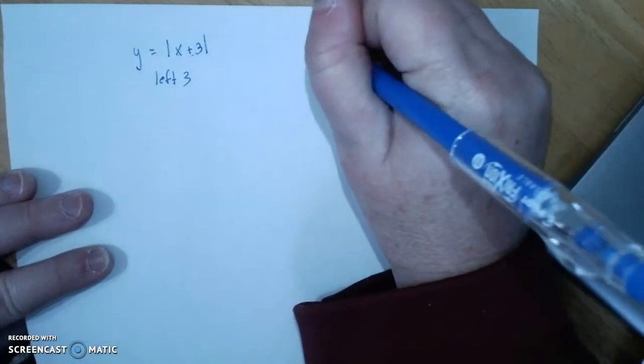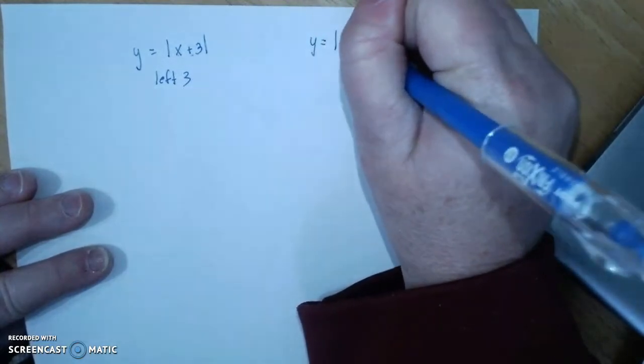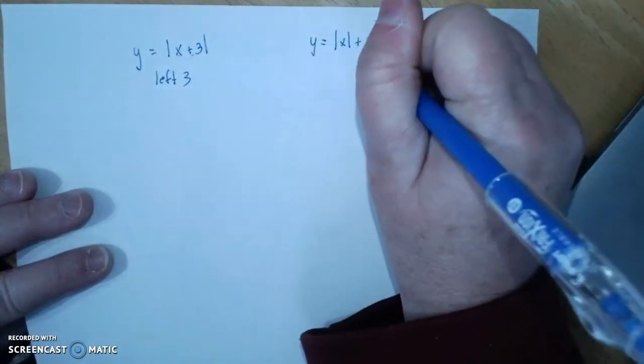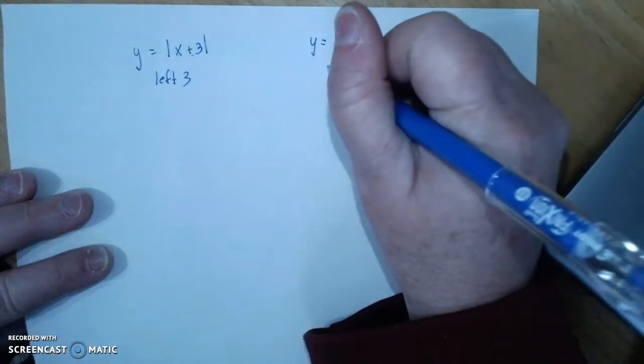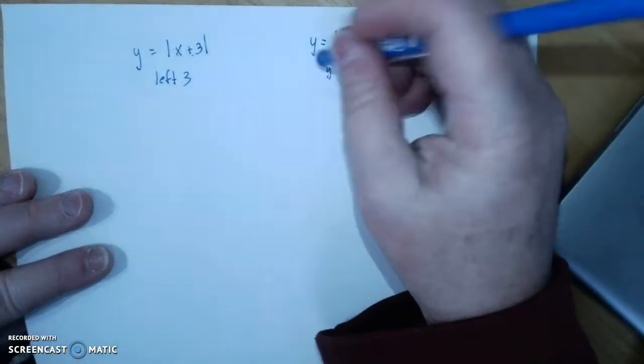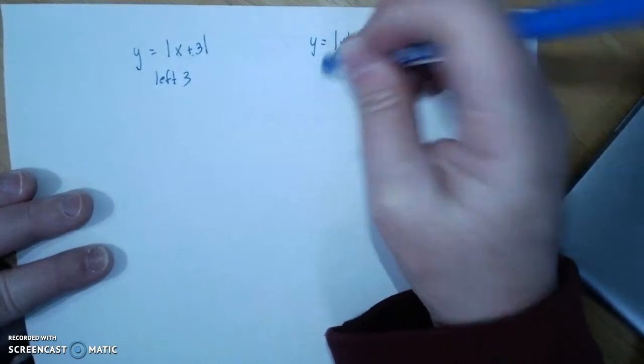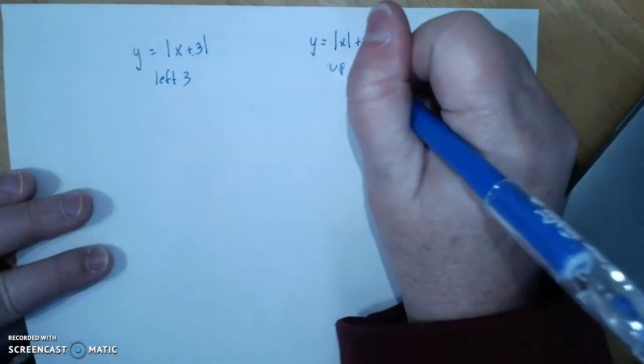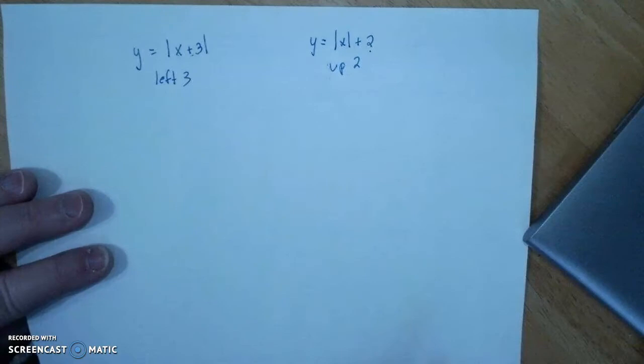And then if you had y equals absolute value of x plus 2, that was following direction, so that would be a parameter change of up 2. Same thing is going to happen for quadratics.